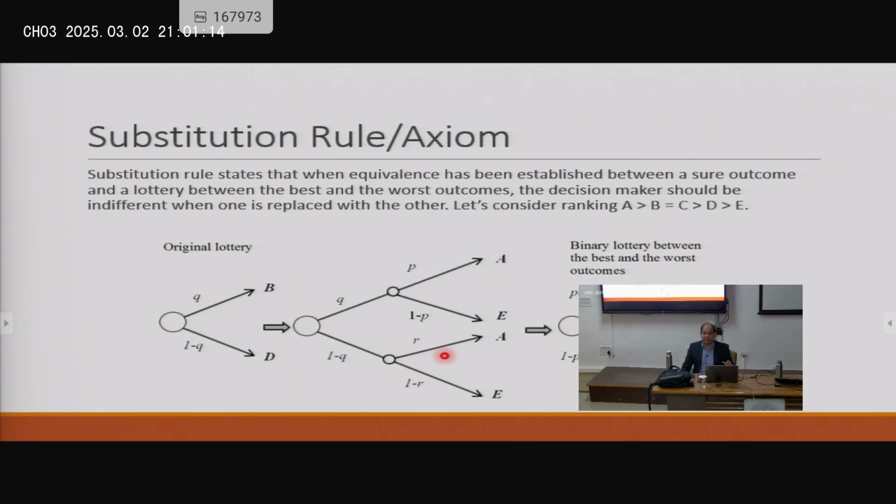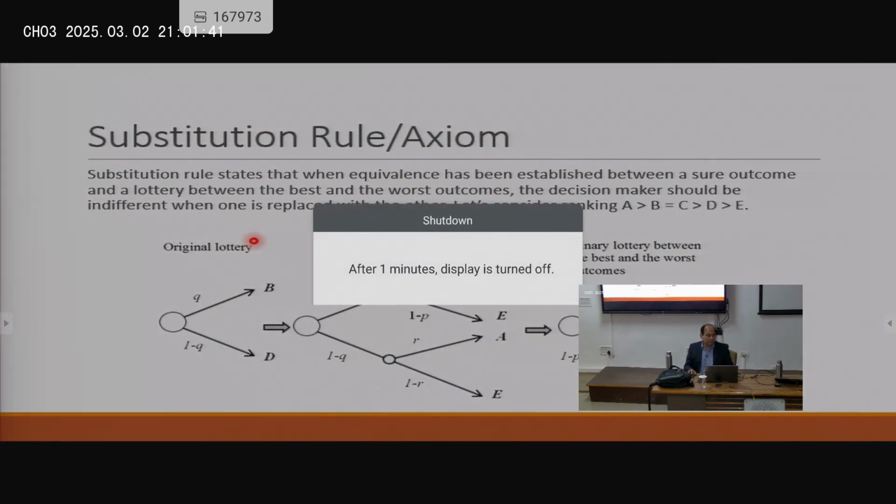Everybody understands that these are hypothetical probabilities, right? You just assign probabilities, that if that probability existed, then I would be indifferent. Then substitution says that you should be happy to substitute one with the other. So if you found equivalency between a sure outcome and a lottery between the best outcomes, then you should be indifferent when one is replaced with the other. You shouldn't care. You said you're indifferent, right?